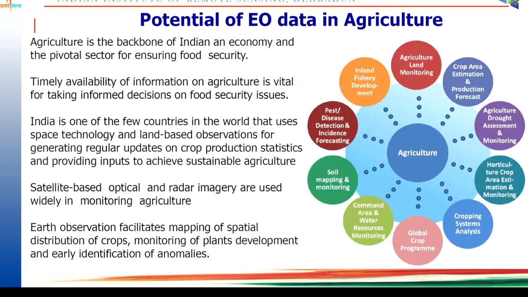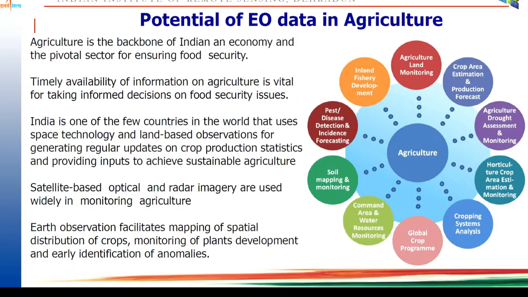Agriculture, as I said in the last lecture, is the backbone of the Indian economy, and many applications are being realized with satellite remote sensing, beginning from crop acreage and crop discrimination, drought monitoring, horticultural crop assessment, cropping system analysis, irrigation command area management, soil mapping, pest disease monitoring, agricultural land mapping, inland fisheries.